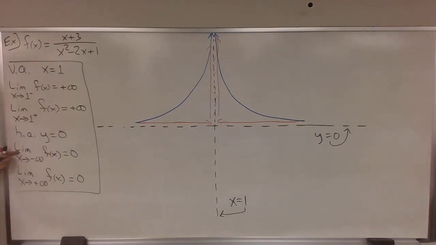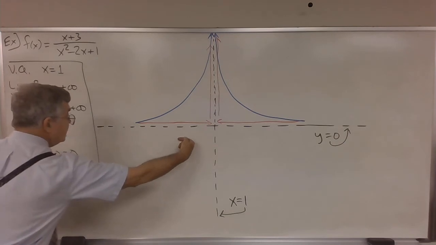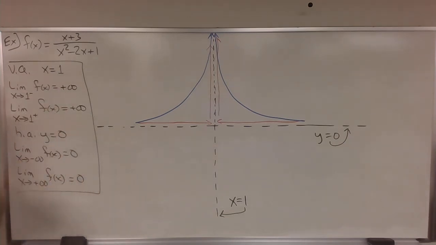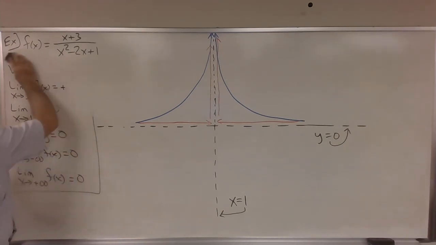Now we'll look at these limits. This tells us that as x goes to negative infinity, f of x, the y value, gets closer and closer to 0.